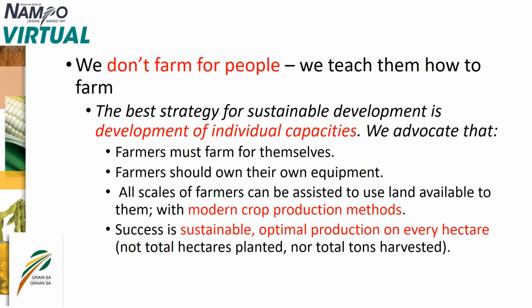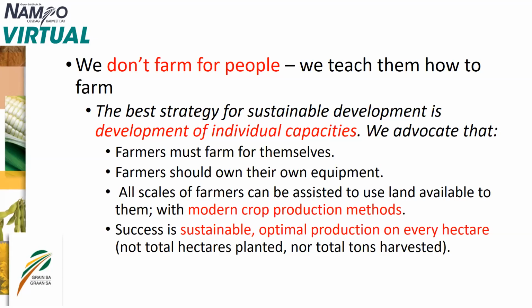Farmers must farm for themselves. We don't get contractors to farm for the farmers. These farmers must do everything themselves. If there's mechanization needed, that's when we get participants in.